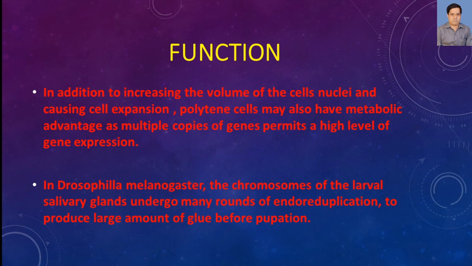Since this endoreduplication produces a large number of puffs or Balbiani rings, and these Balbiani rings or puffs help in the formation of more RNA and more protein, which are required for the glue formation, which is a necessary requirement before pupa formation in Drosophila. This glue is required for pupa formation. So the polytene chromosomes help in the glue formation in Drosophila, and this is one of the major functions of the polytene chromosomes.